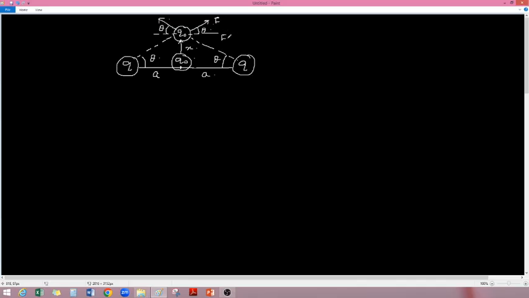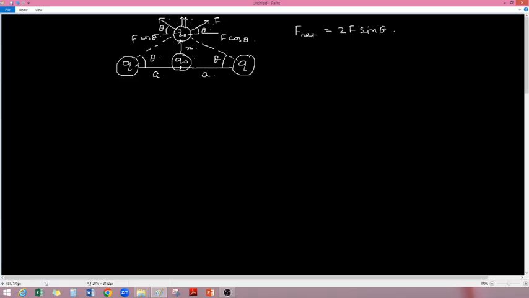So it will be f cos theta and f cos theta. You can see f cos theta and f cos theta are equal and opposite, so they will cancel out, whereas the f sin theta will get added up. So the total force, or f net, acting will be 2 times f sin theta.